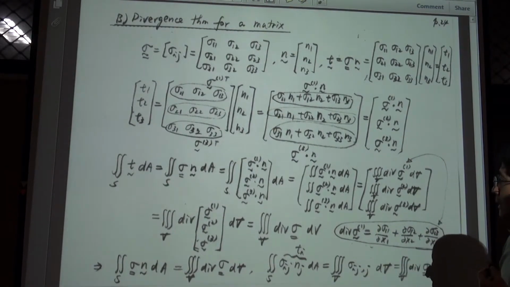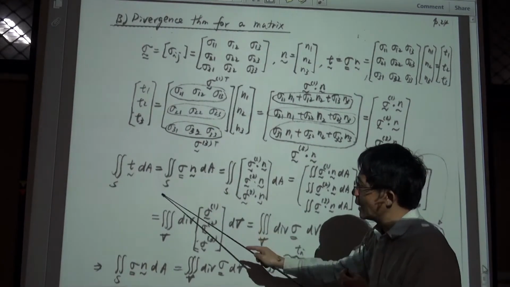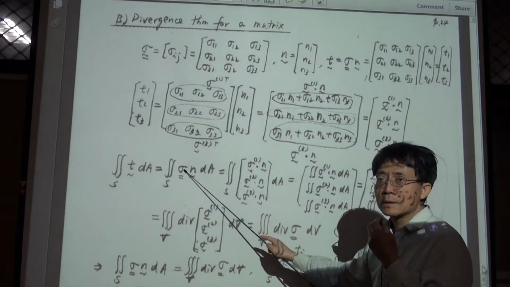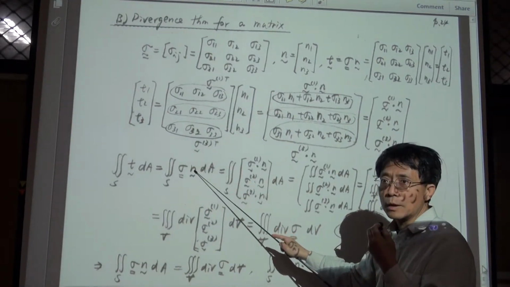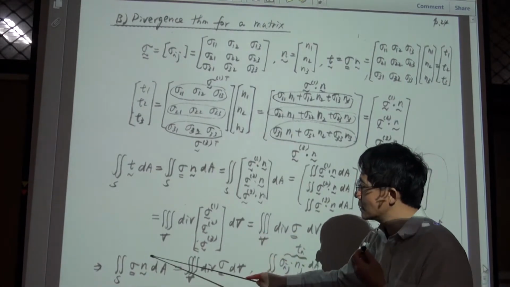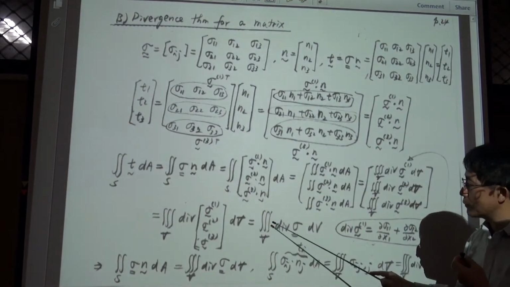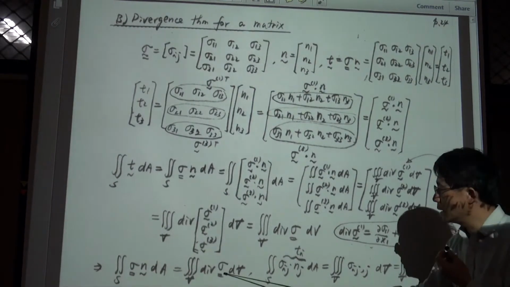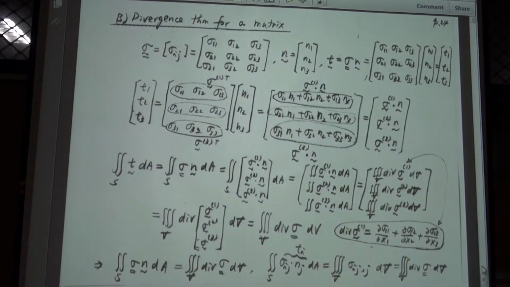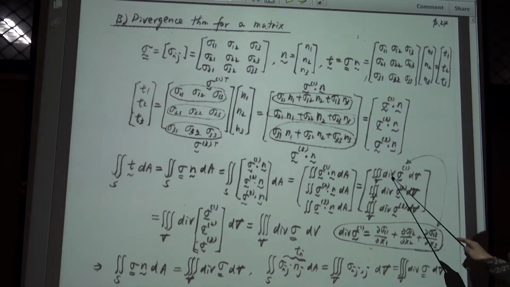Okay, so let us summarize our result. This one, the stress matrix times the unit outer normal n, and then integrated over the surface like this, will be equal to the volume integral of divergence sigma here. And what is divergence sigma? Divergence sigma is here.